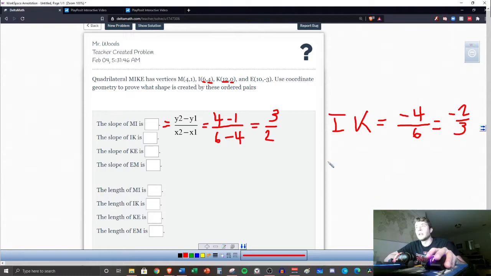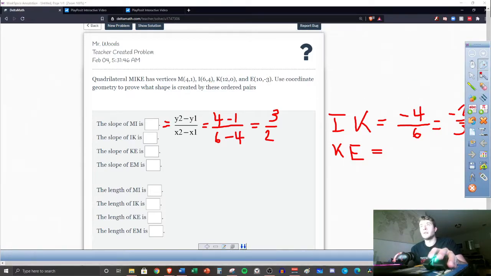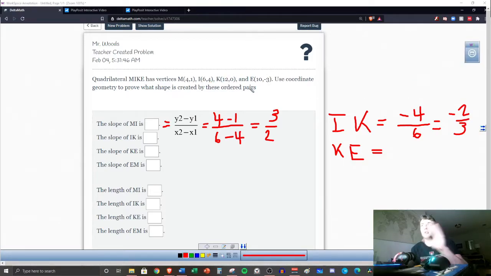Now we're going to do KE. If you like y2 minus y1 over x2 minus x1, go for it. Use it. It will always work. But it's also good to practice doing this by just looking at the points and saying, okay, it's the change. That's what I'm looking for.